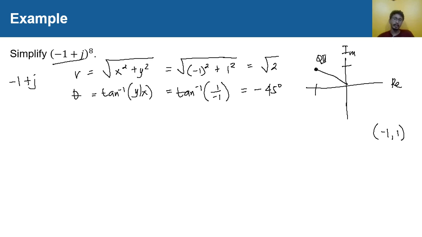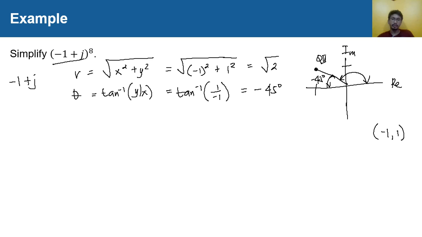Okay. So take note that the negative 45 is from the negative real axis. But we need to get the value of theta from the positive real axis.